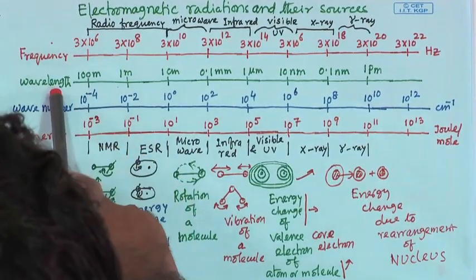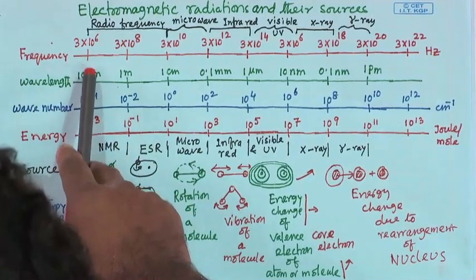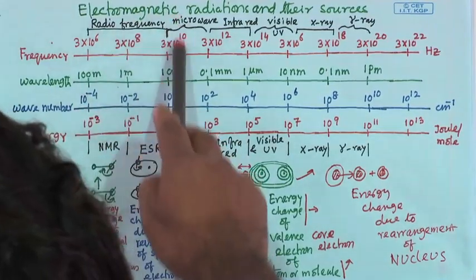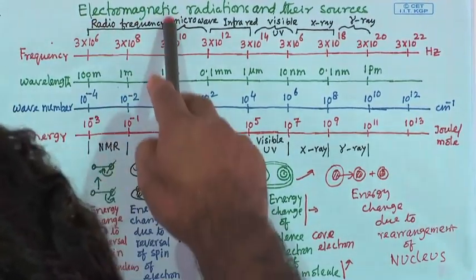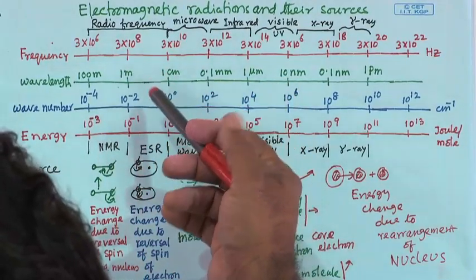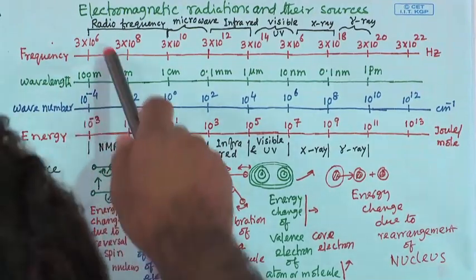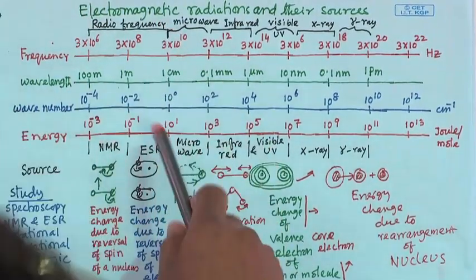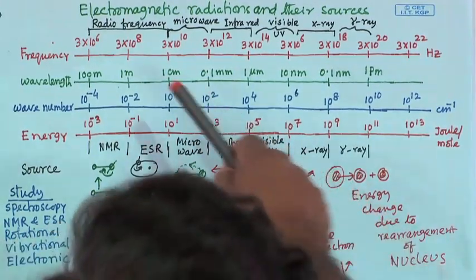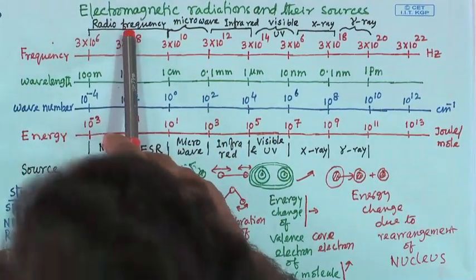So, here from 100 meter to say 1 centimeter, in this range the electromagnetic radiation having frequency or wavelength or wave number or energy in this range is called the radio wave, or radio frequency electromagnetic wave.